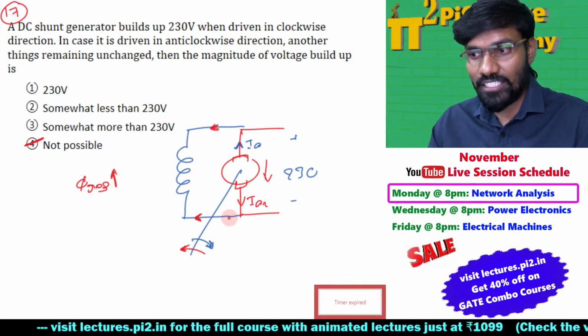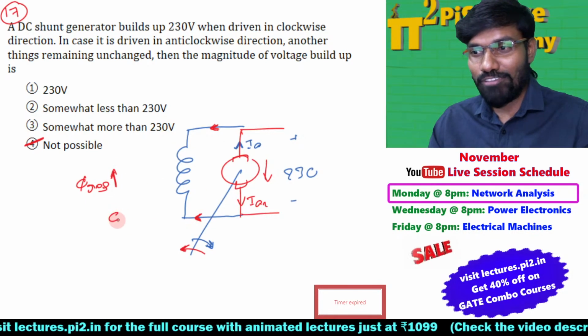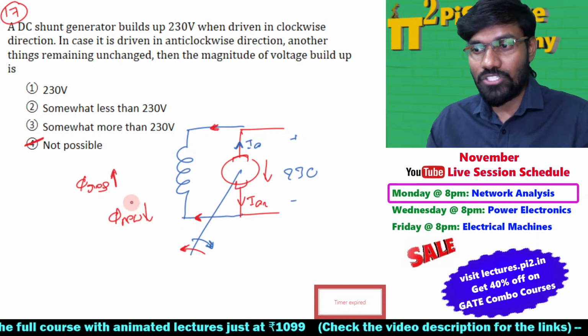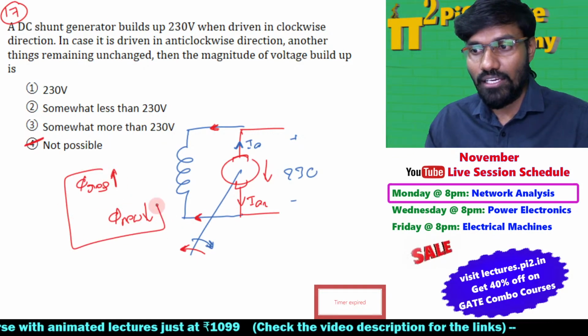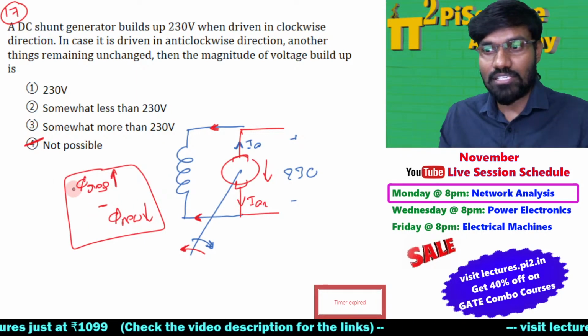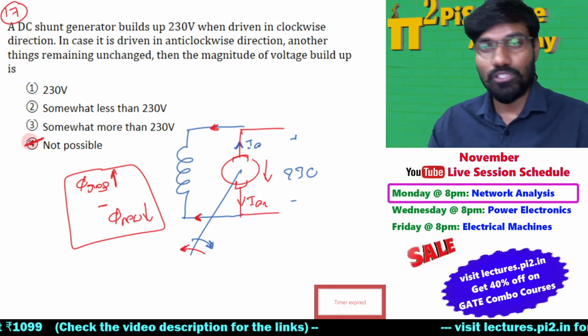Now the new flux generated because of this new current is opposite to this, because the current direction has changed. So both are subtractive in nature and nullified, net flux has become 0, so it won't build up any voltage.